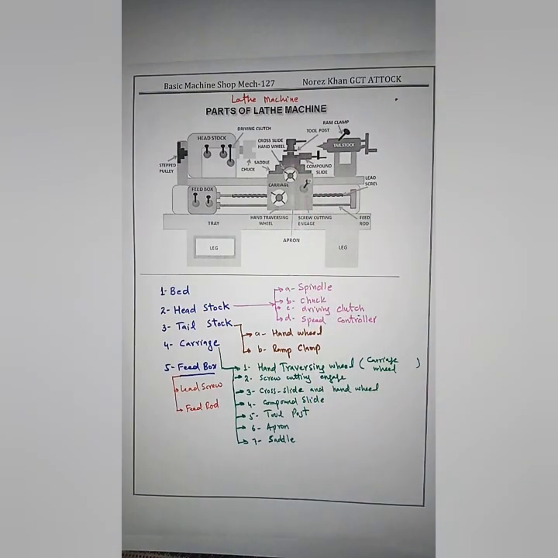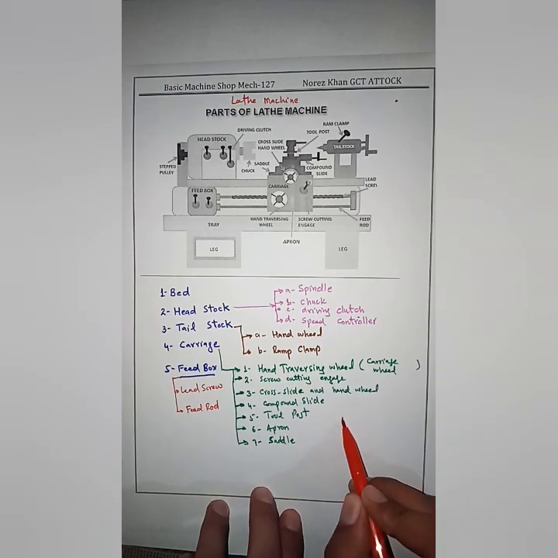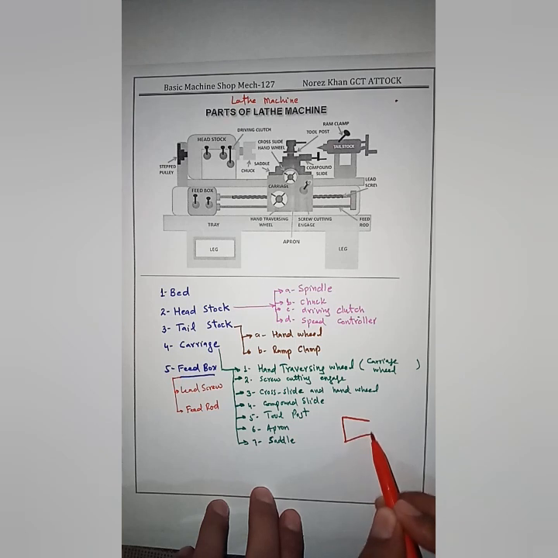What is taper turning? Taper turning is an operation of making a taper. When we have a section like that, one side has a major diameter and the other side has a minor diameter. That sloped shape is called a taper shape.